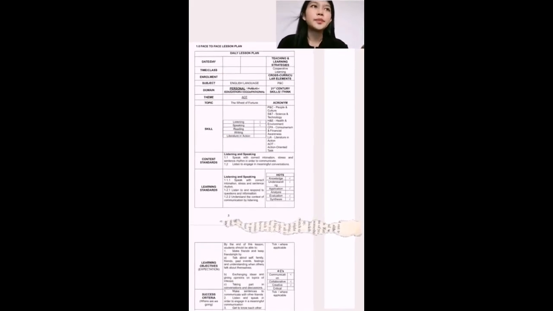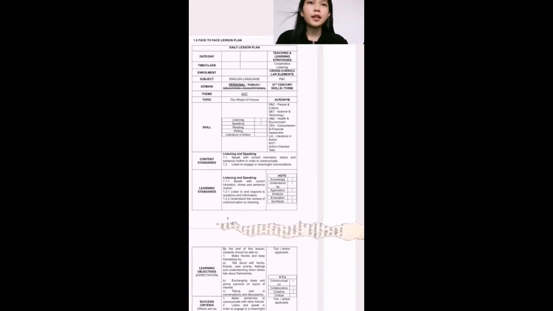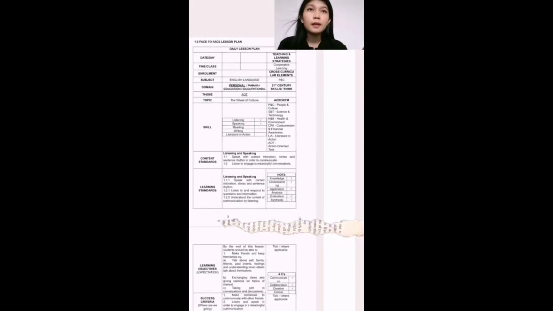Okay, we'll start. The teaching and learning strategy applied is cooperative learning, and the cross-curricular elements are P and C, or people and culture, and the domain is personal.